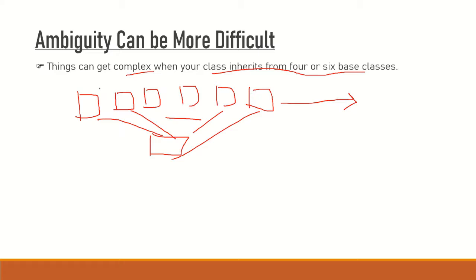Now suppose that out of these 6 classes, a function called f1 is available in this class, this class, this class, and in these two. Now you use the derived class object to call f1.